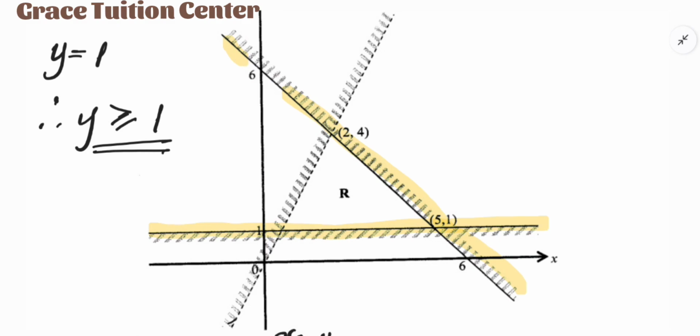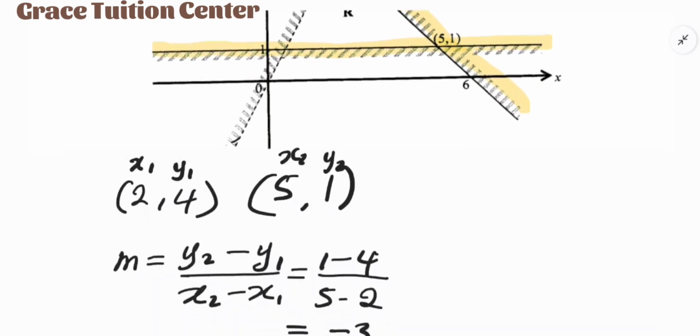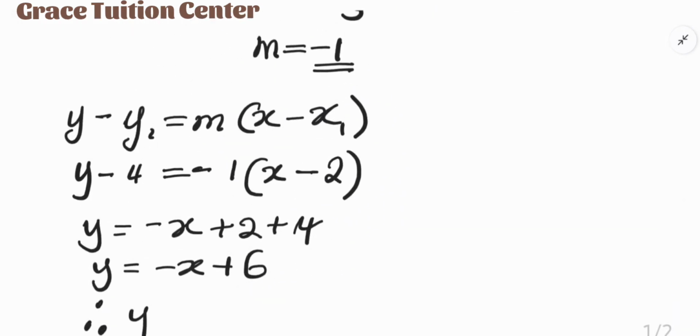Okay, so let's go ahead and put our symbol there. So we have y is less than or equal to -x plus 6. So that is the second inequality.